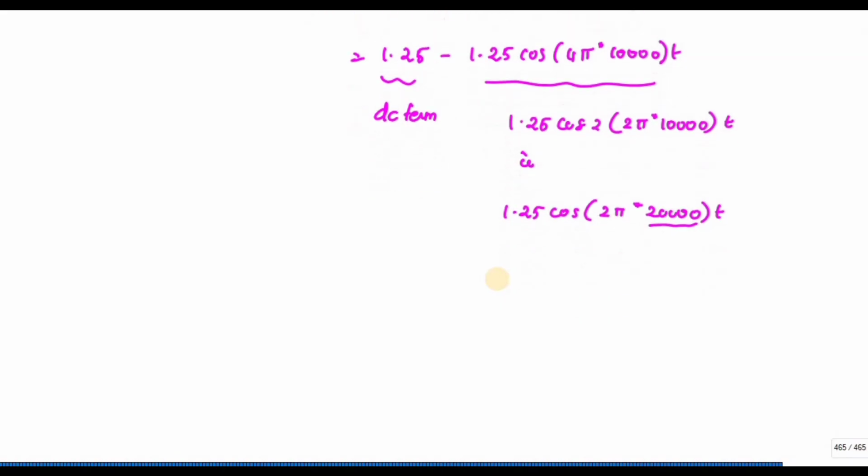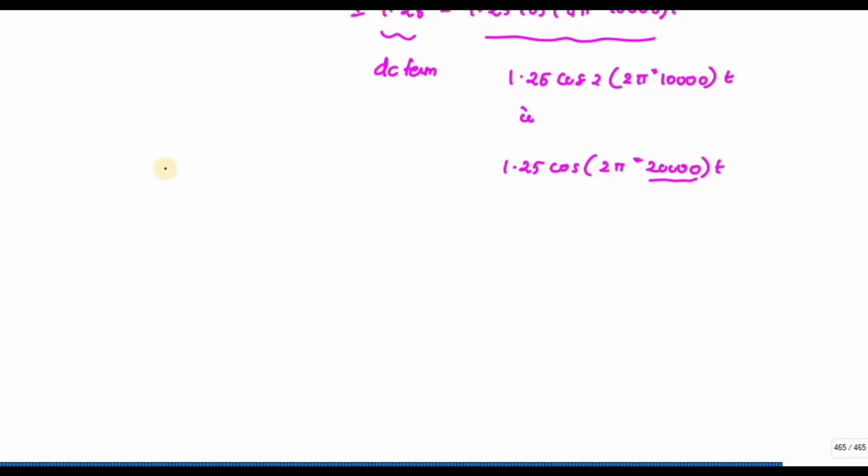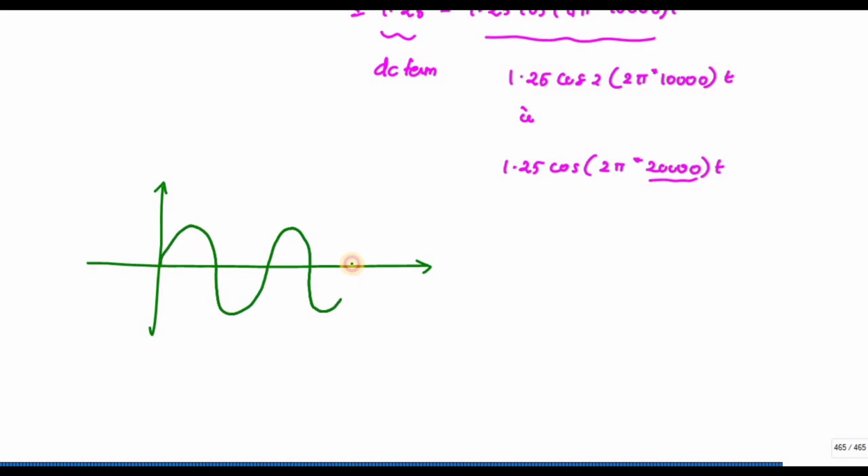Since the frequency gets doubled, suppose my input is like this. Since it is a sine wave, they have given the input as 5 volt. This is my VA with respect to time.